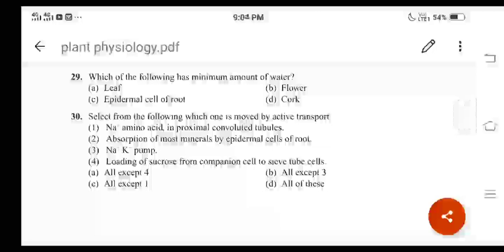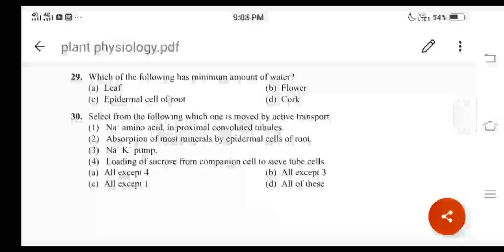When we see all the statements, all seem to be correct only. So option D, all of these are correct statements, right? All will move by the active transport mechanism only.